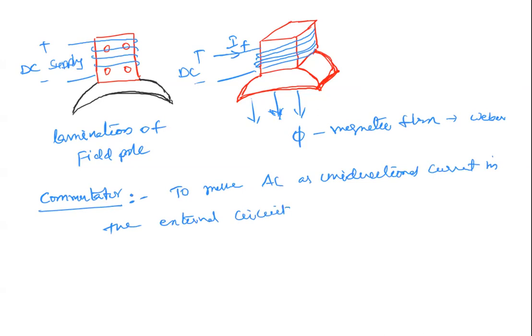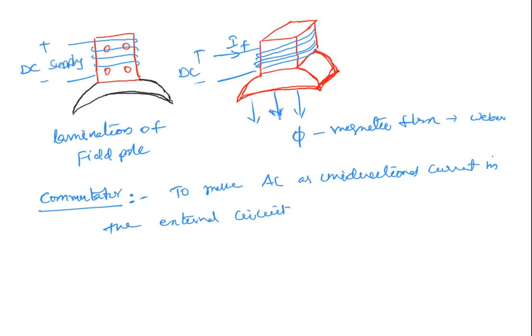Actually, the current induced in your DC generator is also AC. So we have a special and important component in a DC machine, as well as in a DC generator and DC motor, that is called the commutator.